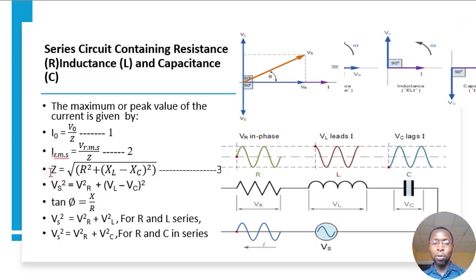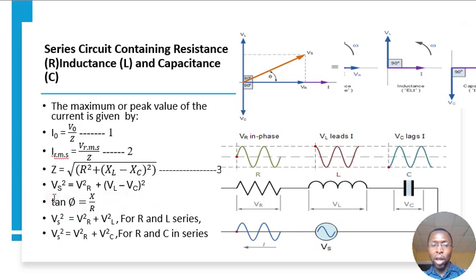Now, in terms of total resistance, which is Z, if it is only resistor and inductor, we have a total resistance of the square root of R squared plus XL squared, where XL represents the inductive reactance, and the same applies for the capacitor too. So all these formulas are very important for us to know.